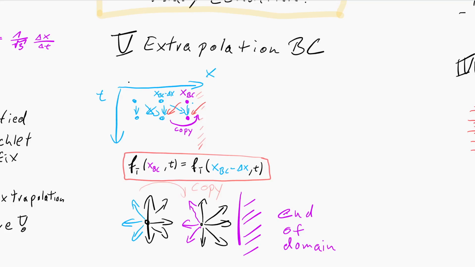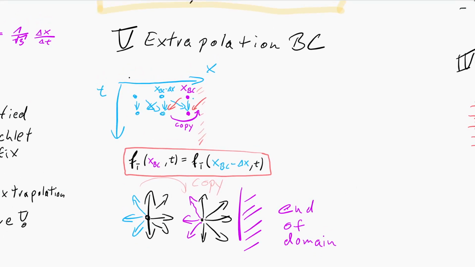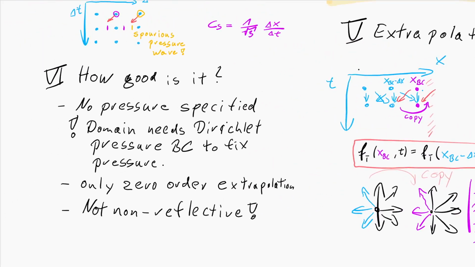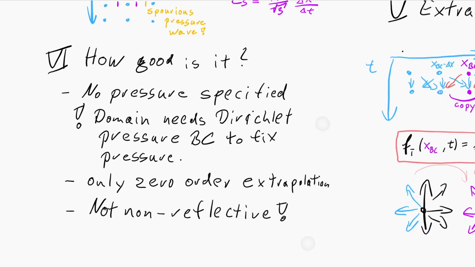Now, this characteristic diagram is always only valid for one dimension. If we have it, for example, in two dimensions, we copy all three distributions from the same node, one grid spacing inside the domain, to the node at the end of the domain. Okay, so this is quite simple, and this is what some of you implemented in your homework. Now, is this a good thing?